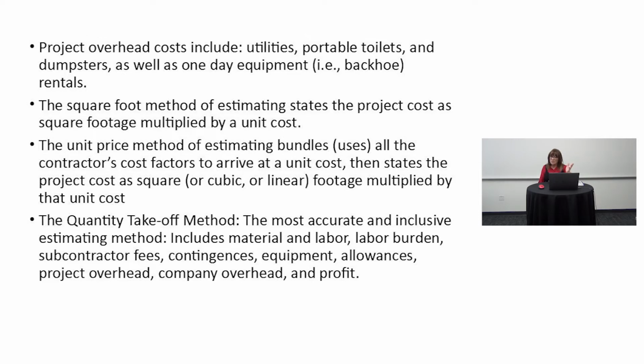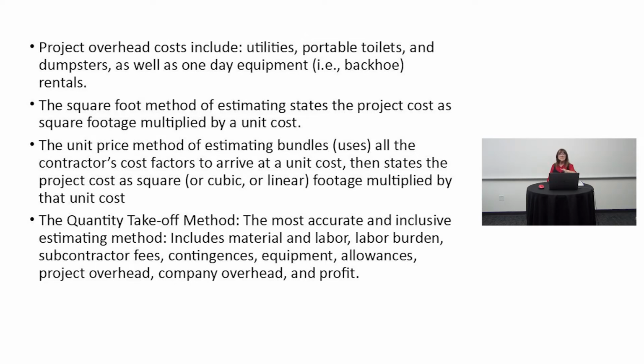Now we have the quantity takeoff method. What is it? This is the most accurate and inclusive estimating method. It includes material and labor, labor burden, subcontractor fees, contingency, equipment, allowances, project overhead, company overhead, and profit. You can also read it as markup and profit.